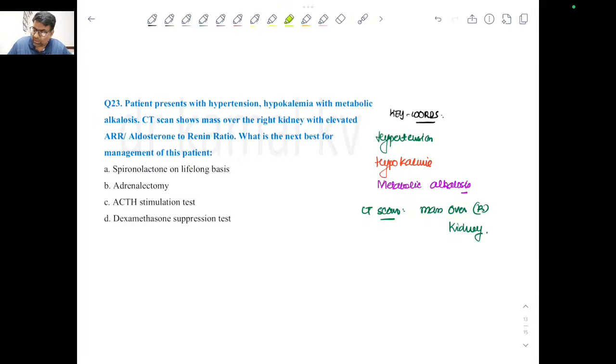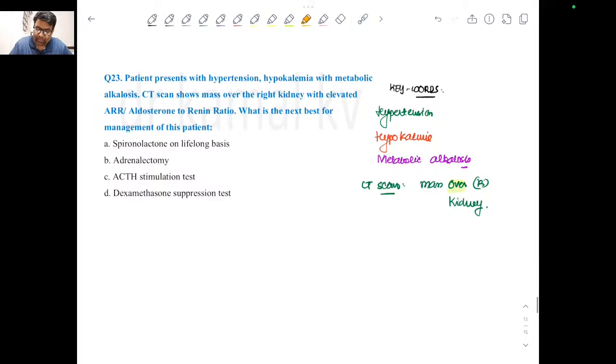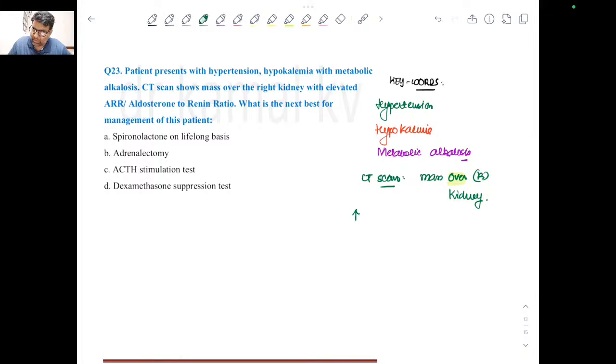Now this is important, mass over, not within the kidney, it's a mass over the right kidney, and increased aldosterone to renin ratio. Now, what is this condition which you think?